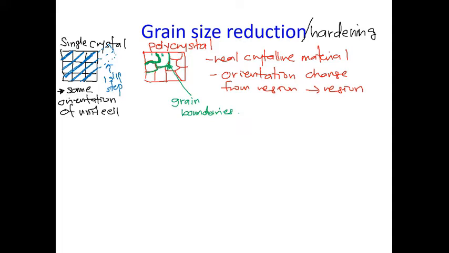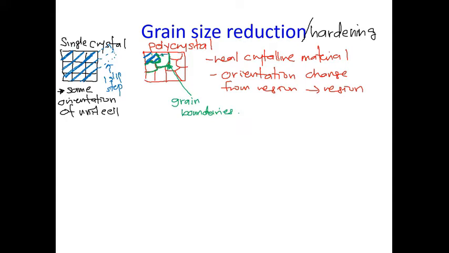So what about polycrystals? In a polycrystal, if you have a slip plane, this is a slip plane for this particular unit cell. Remember, for polycrystals, the orientations change from region to region. So this may be the slip plane from grain 1, but it stops at the grain boundaries.